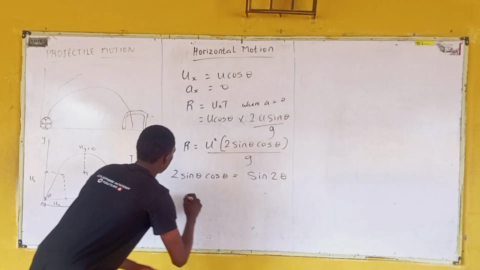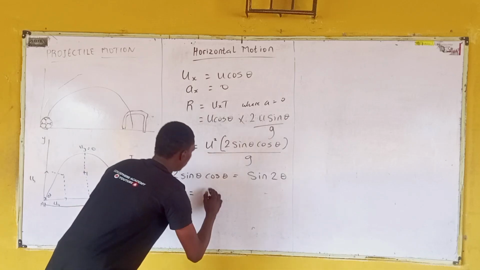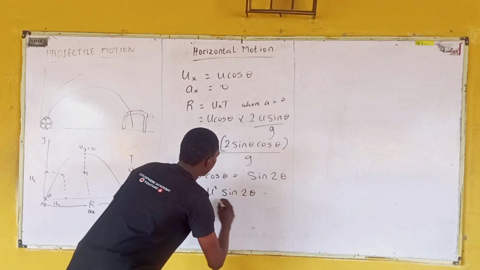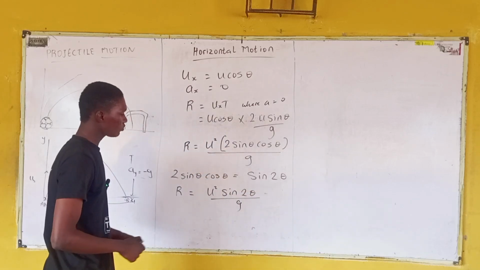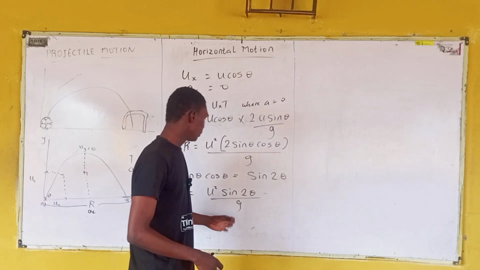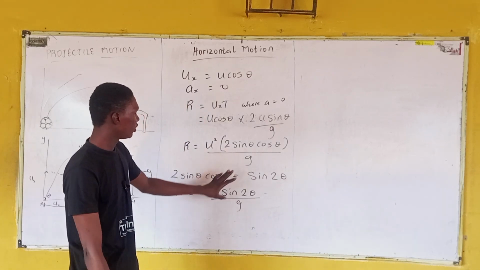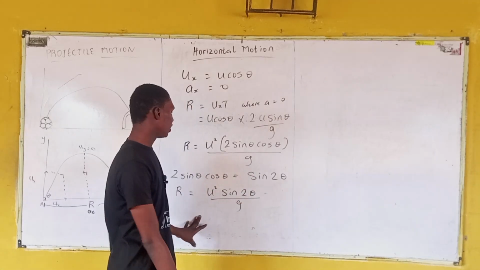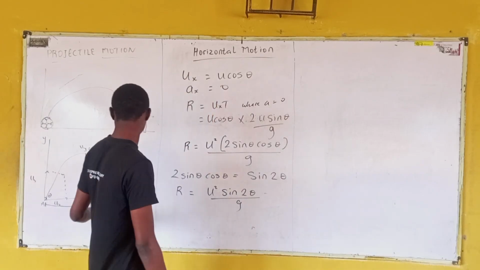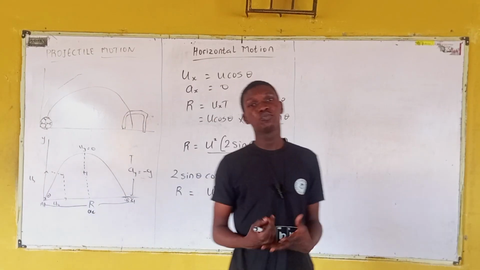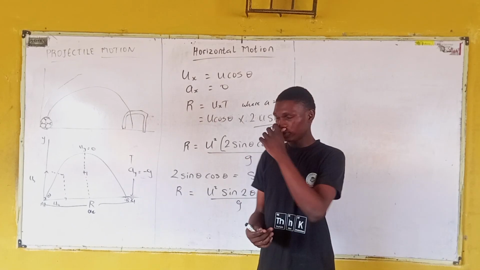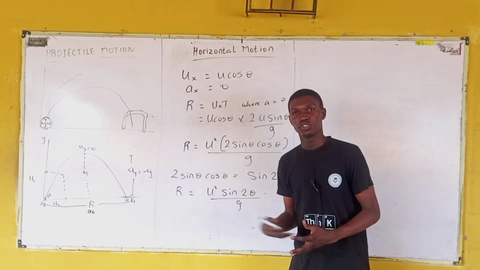Now, from here, we can deduce that our R is equal to U squared sine 2 theta over g, since 2 sine theta cos theta is simply sine 2 theta, which is our formula for range on the horizontal axis. Now let's move to solving practical examples on projectile motion.